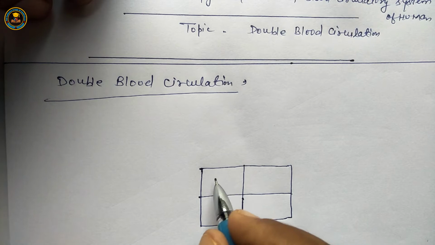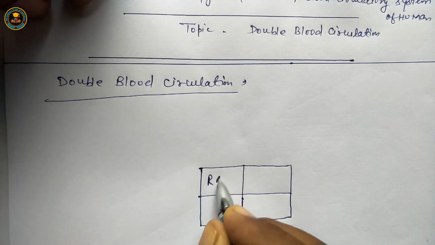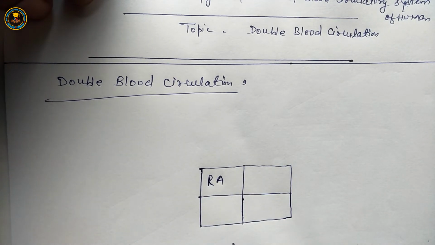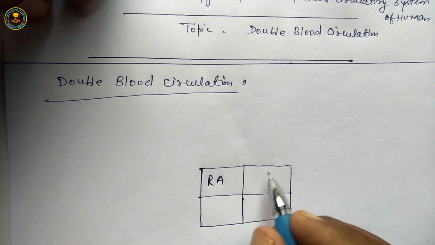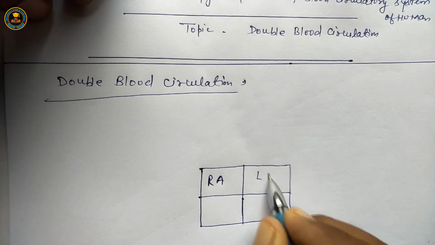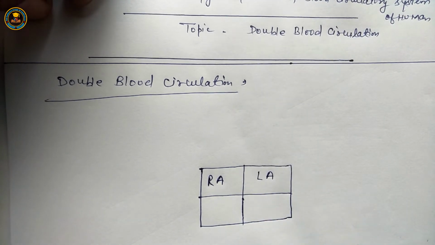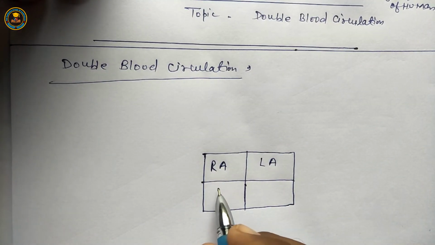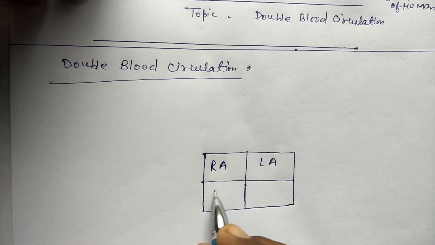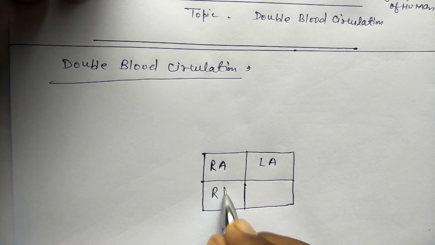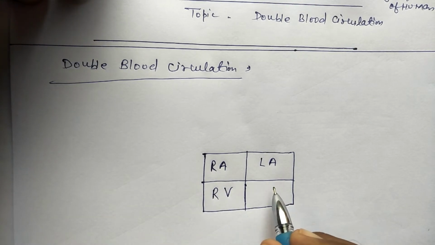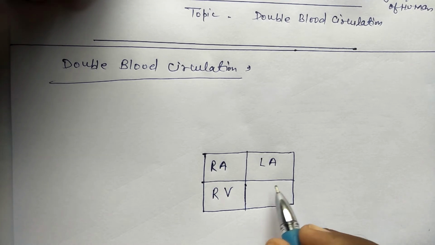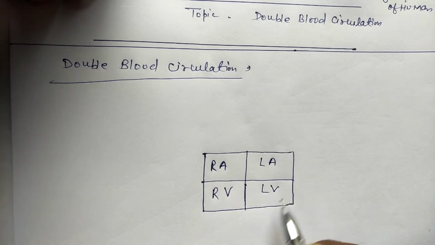On the right upper side is the right atrium or right auricle. On the left upper side is the left auricle. On the right lower side is the right ventricle, and on the left lower side is the left ventricle.